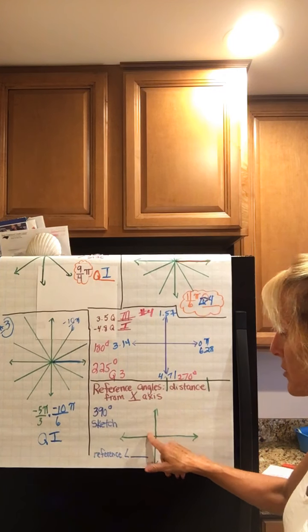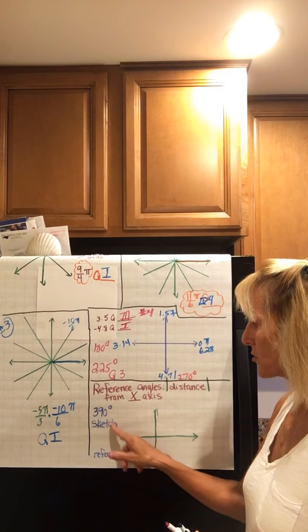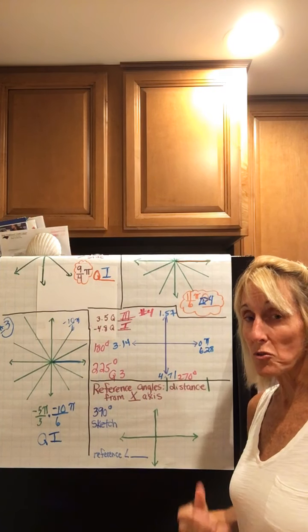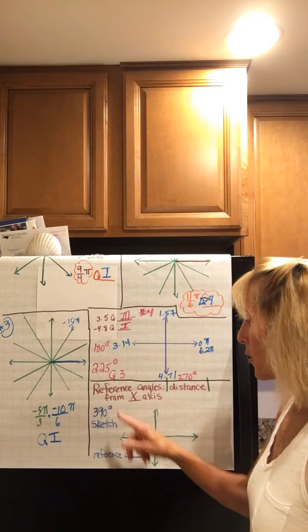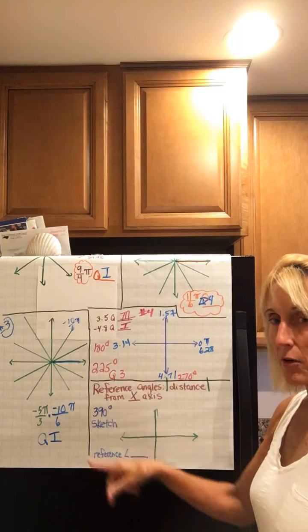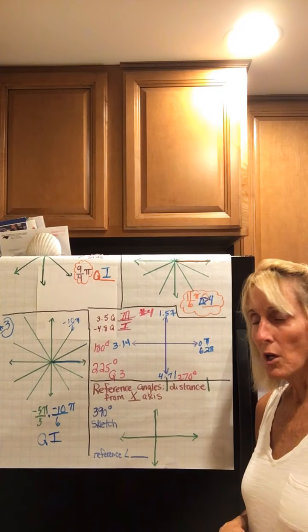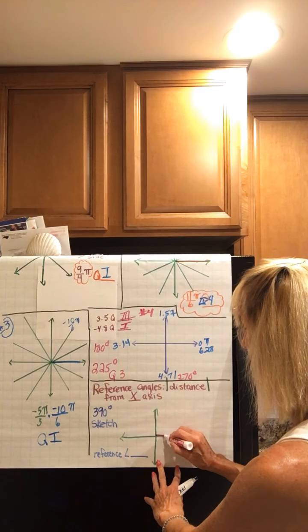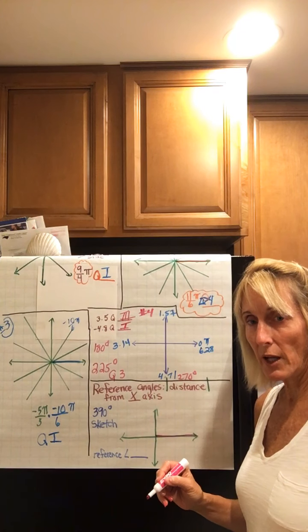For example, you're going to be asked to sketch an angle. I'm going to sketch a 390 degree angle. Well, 390 degrees is bigger than a full circle. It's positive, so I'm going to go counterclockwise, and then it's going to ask me what the reference angle is. First off, I'm going to start here on the initial side and sketch a 390 degree angle.